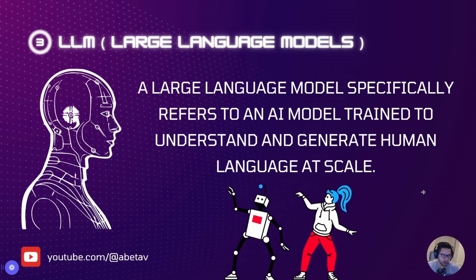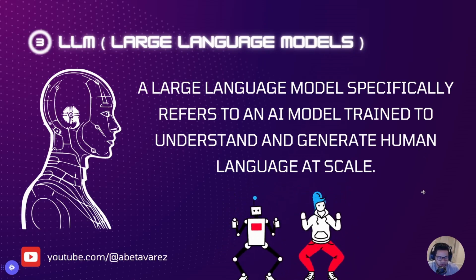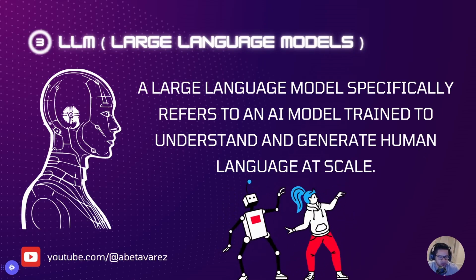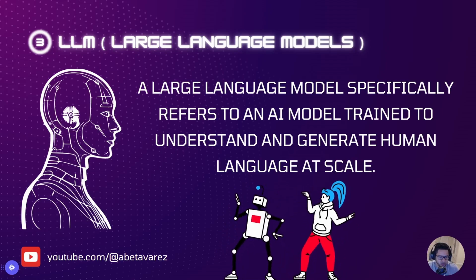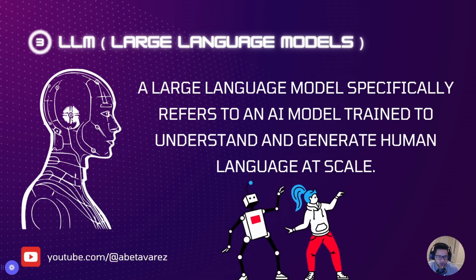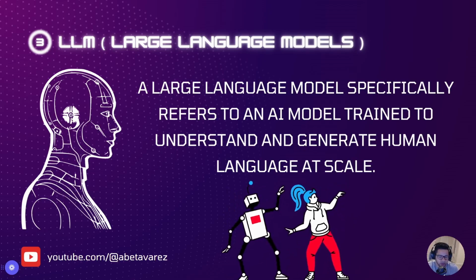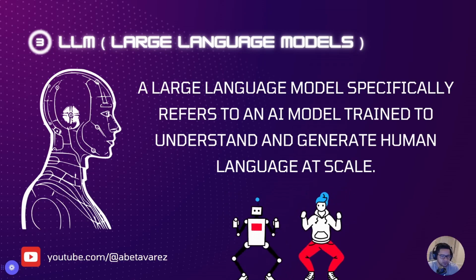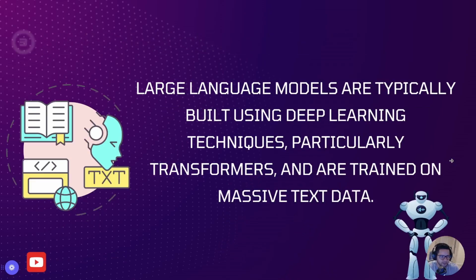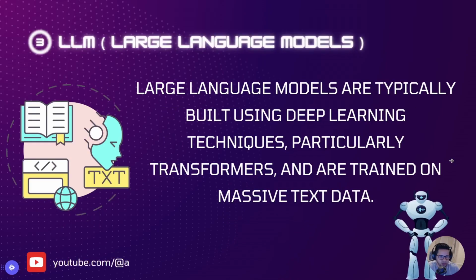So what are LLMs, or large language models? A large language model specifically refers to an AI model trained to understand and generate human language at scale. Large language models are typically built using deep learning techniques, particularly transformers, and are trained on massive text data or a large data set.